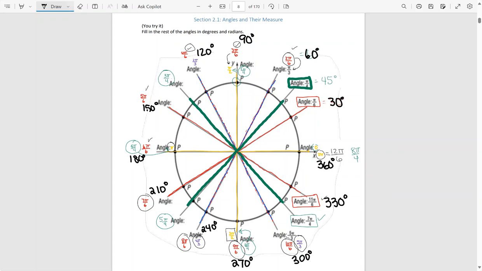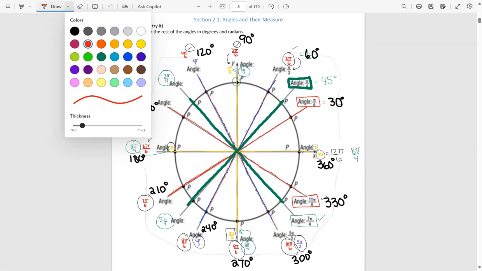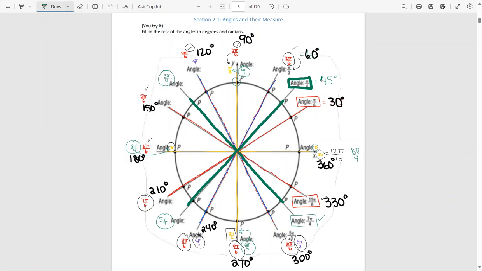To catch the inside spokes, we're counting by 45 degrees. So 45, add another 45 degrees, and that takes me to 90. Add another 45, and that takes me to the next green spoke of 135, or ray, if you will.